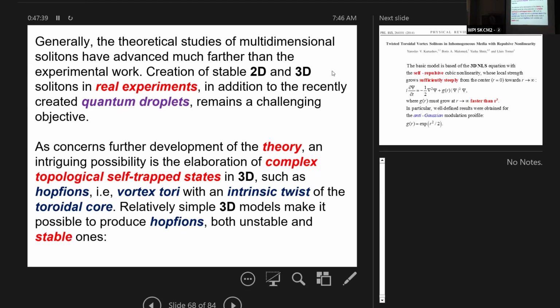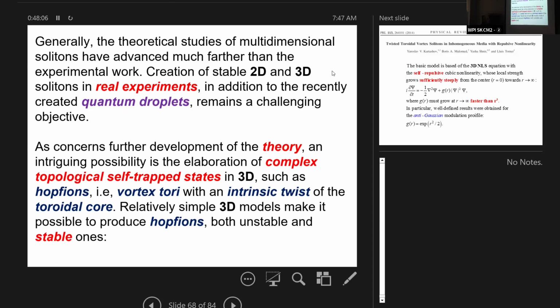Quartic self-repulsion, in that case, is a fundamental effect provided by the Lee-Huang-Yang corrections to the mean field. And it was demonstrated experimentally that it indeed provides stable soliton-like objects without vorticity, and also theoretically it was predicted that they may be stable in the presence of the vorticity.